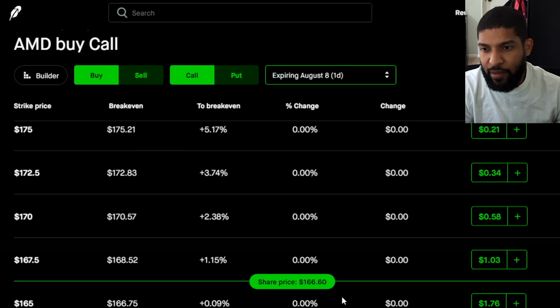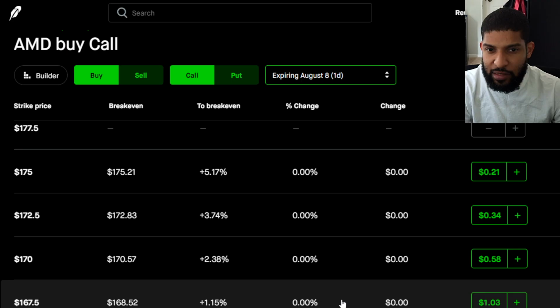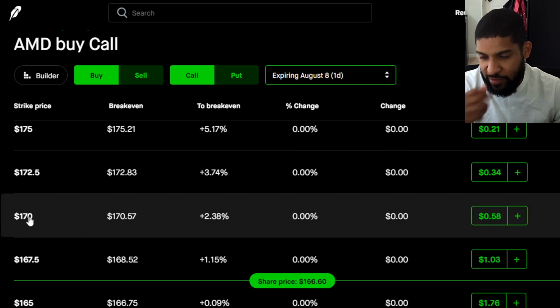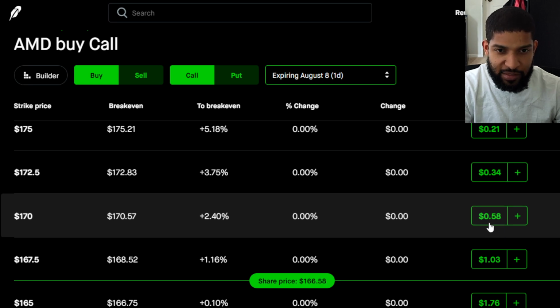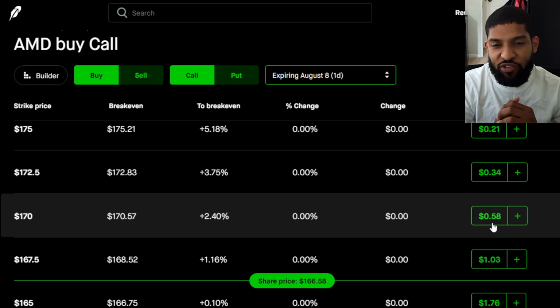Now let's look at the 170 strike price. So this contract is worth, I know it says 58 cents, but each contract is worth 100 shares. So it's actually 100 shares of AMD per contract.